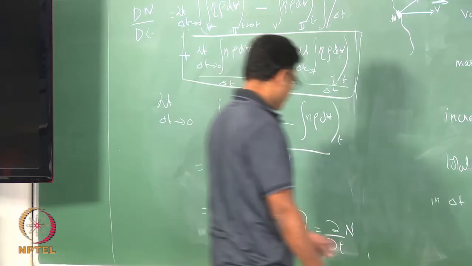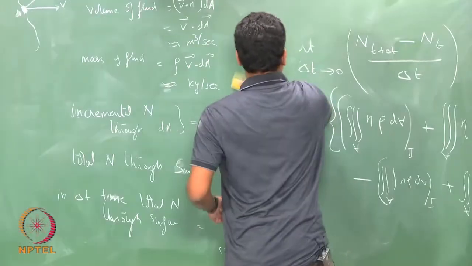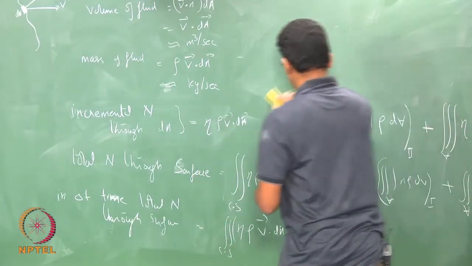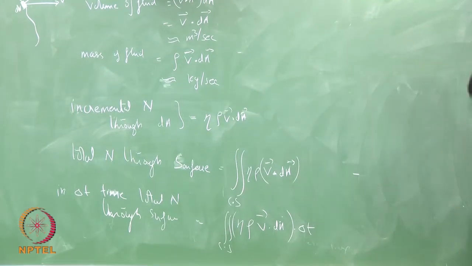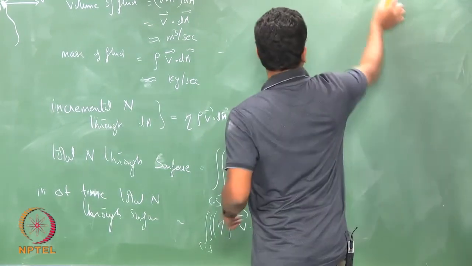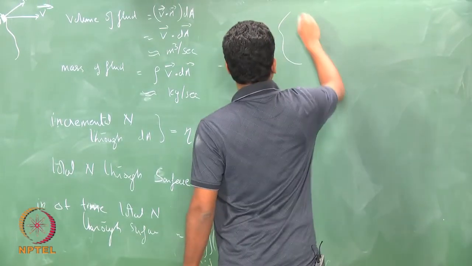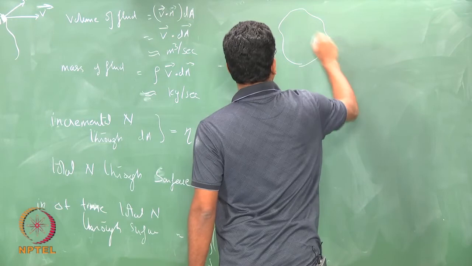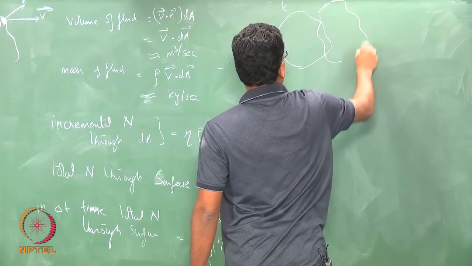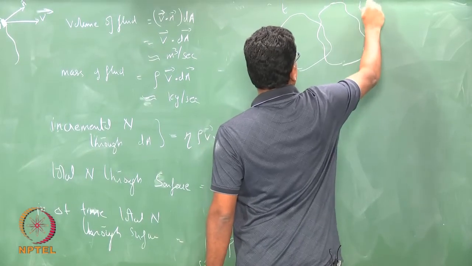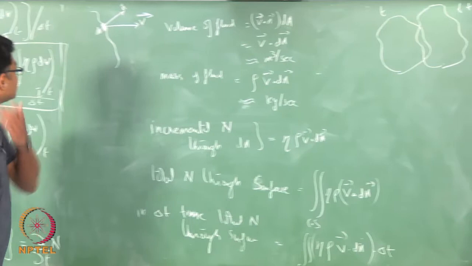Now, if you look at the control volume and the volume that has moved in delta t time, we can relate this to the following. I have a control volume at time t, then I have the volume at time t plus delta t.